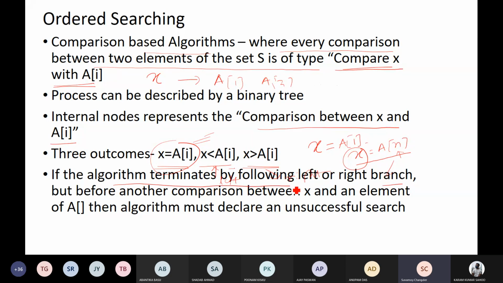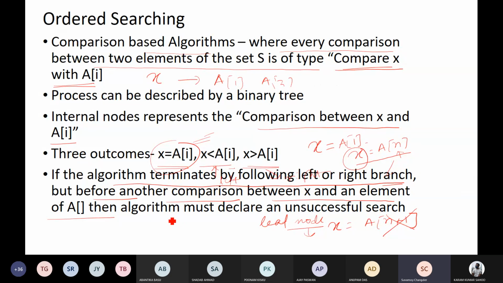If the algorithm terminates by following the left or right branch, before another comparison between X and an element of the list, so before comparing X with the next element, which does not exist, then it has gone to the leaf node, and the algorithm terminates without finding the element in the list.